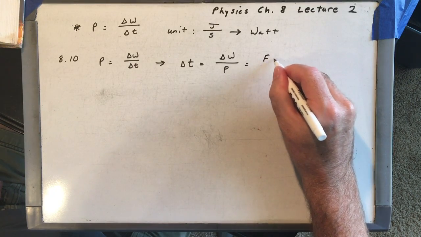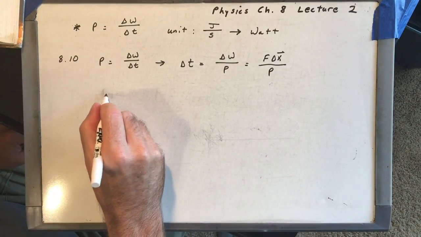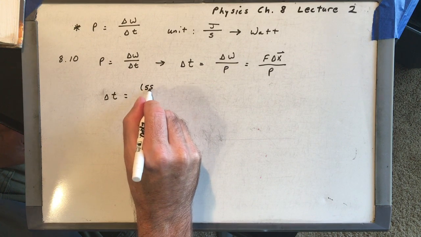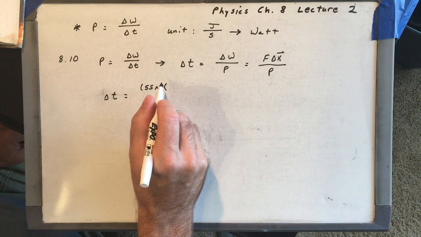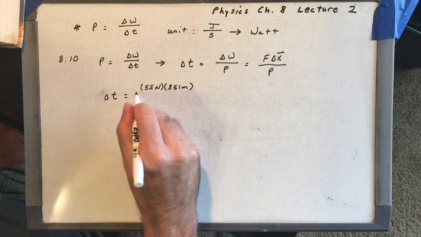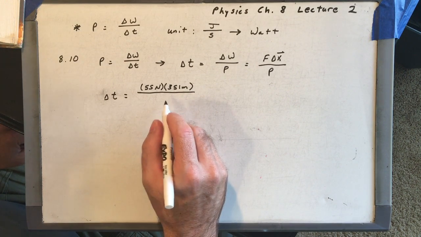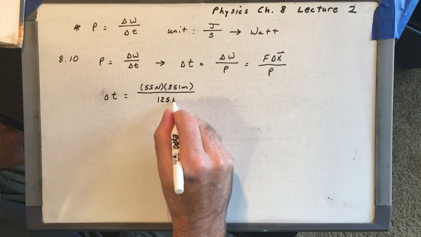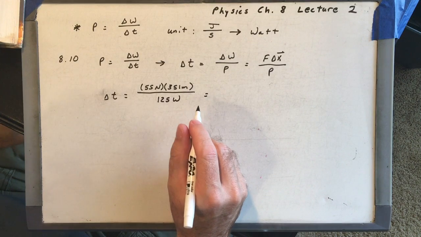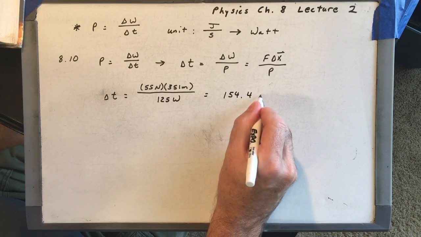Okay, so F delta x over the power. So our change in time, the force is 55 newtons. The distance in the problem is 351 meters. And the power is 125 watts. So that is going to be 154.4 seconds.